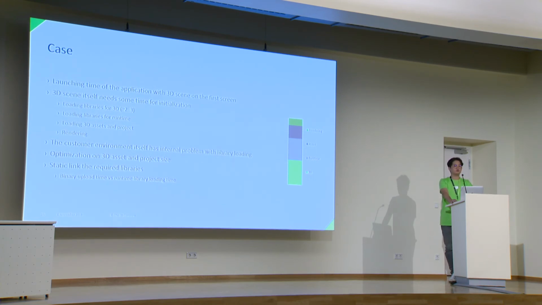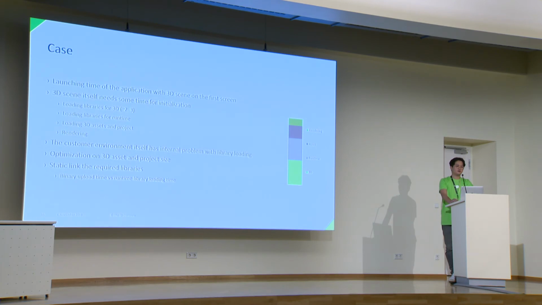So from a performance point of view, you cannot have everything. If you want to have one thing, you have to lose another. So at this time, we need to weigh what is better: making the binary bigger, or the impact of loading the 3D library. In this specific case, the environment has some problems with loading shared libraries at runtime.